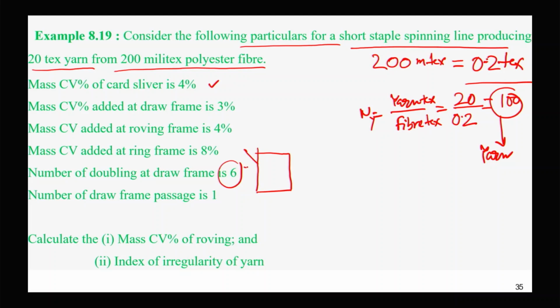So 1, 2, 3, 4, 5, 6 drawing card slivers are added, each of 4%. Then the draw frame adds 3% of CV unevenness.